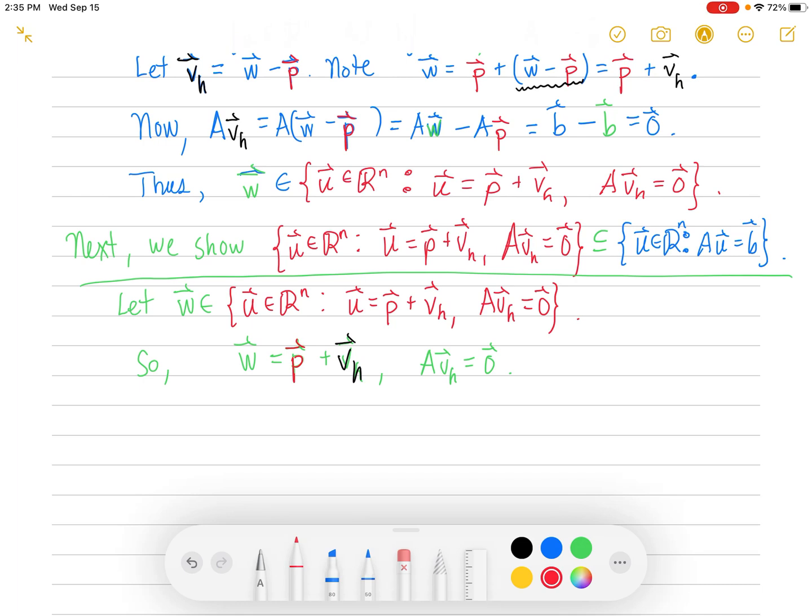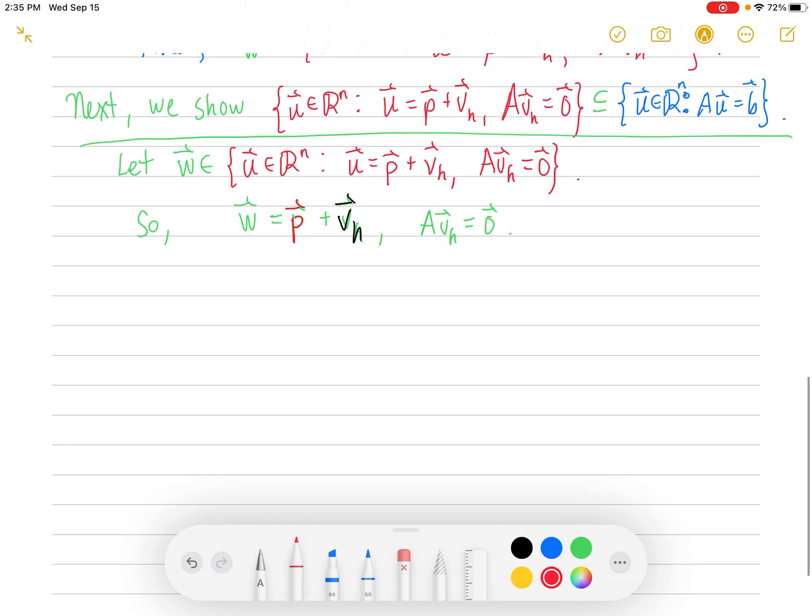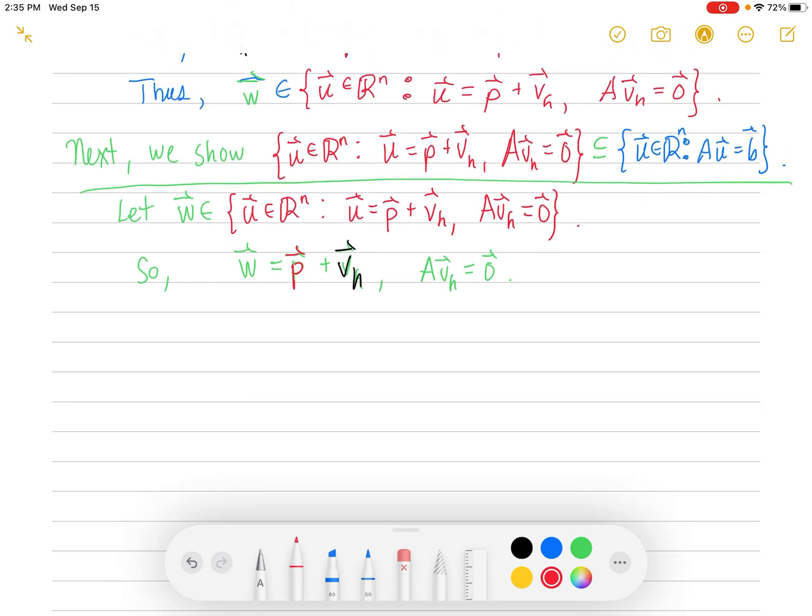Now, I also want to show that W is a solution to the equation AX equals B. I want to show W is in the blue set, in other words. So let's see if we can get W to be in the blue set. So what I'm going to do, I'm going to take A and plug in W right here where the U's are.